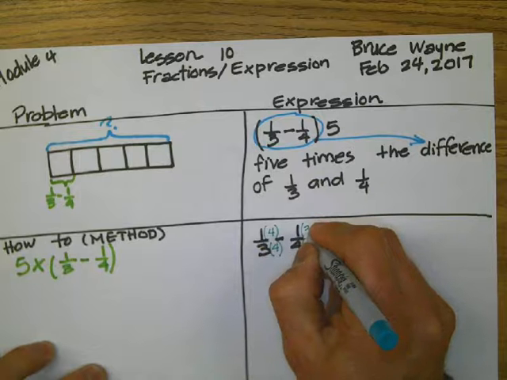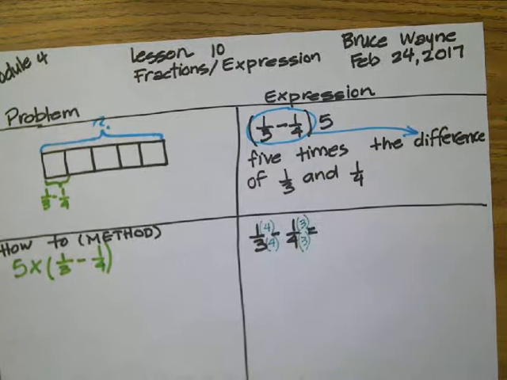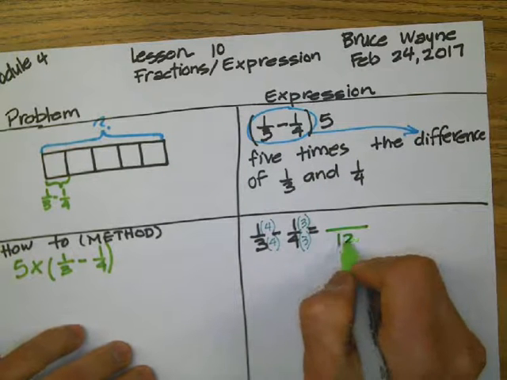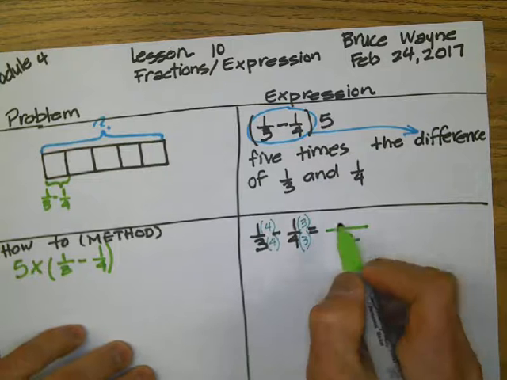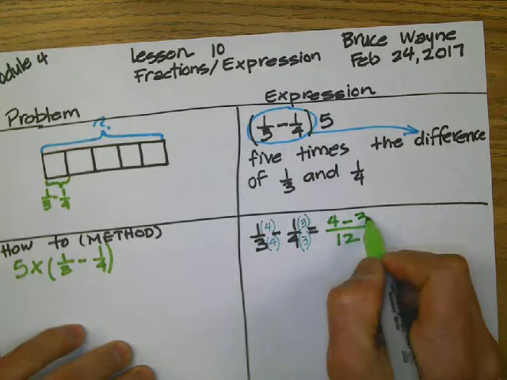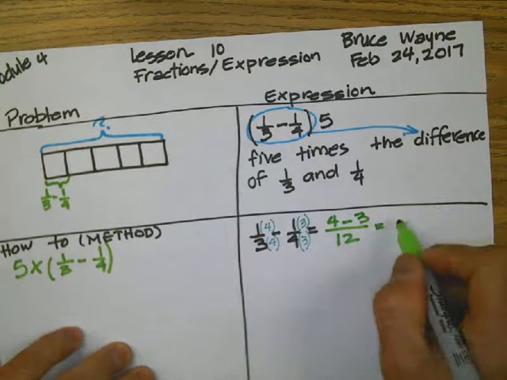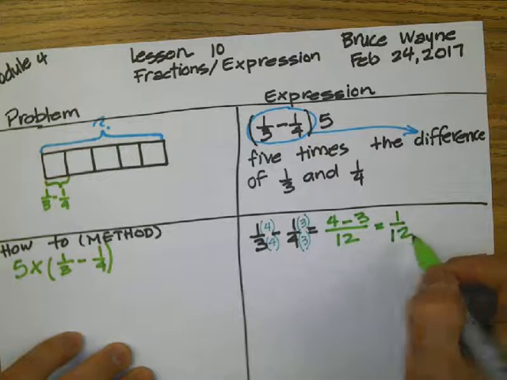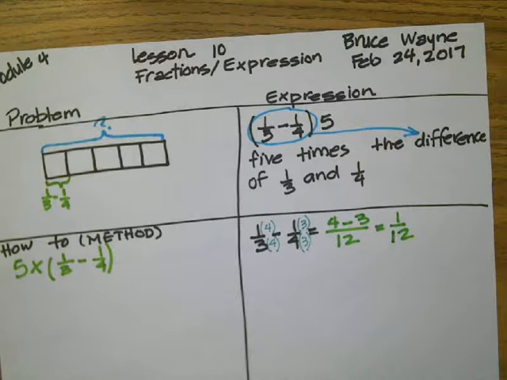So now we can answer the question. We can find out this is 12. 3 times 4 equals 12. 1 times 4 equals 4. And 1 times 3 equals 3. We know that the answer is 1/12. Okay, my friends, so now we can substitute that for this number.